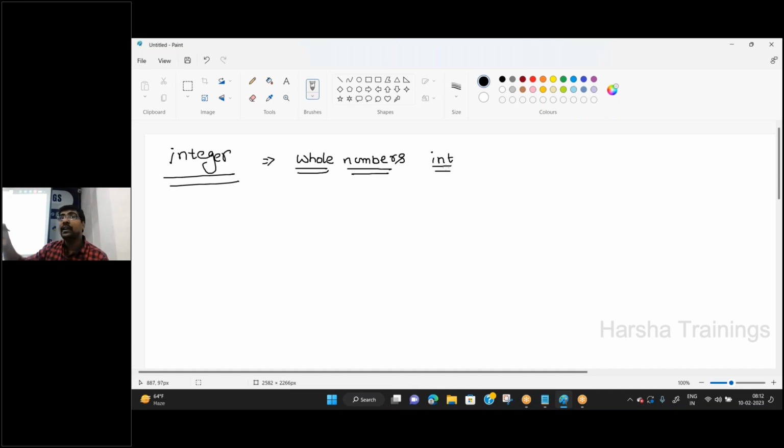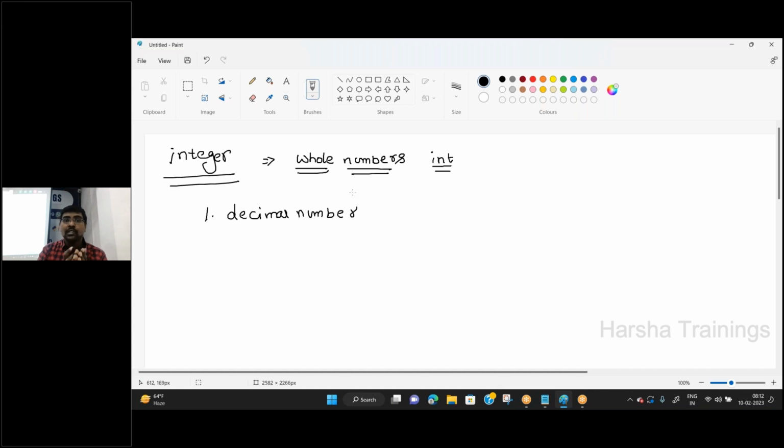What are different integer numbers? That is, what are different whole numbers? We know only one number, everyone knows this number. That is the decimal number. Generally and regularly, we are using decimal numbers, the numbers 23, 34, 56.